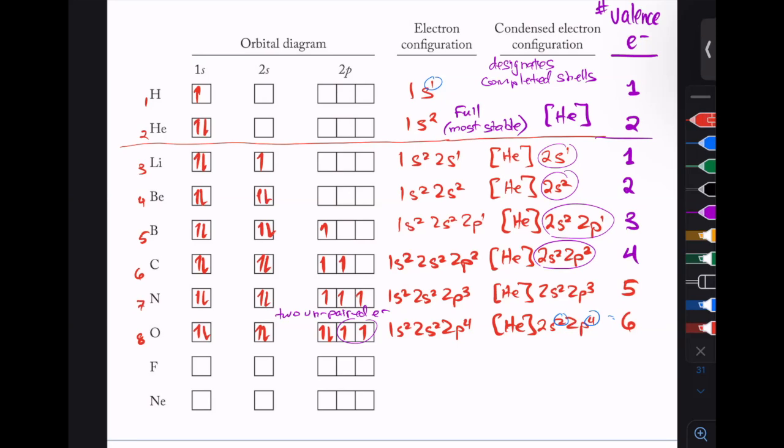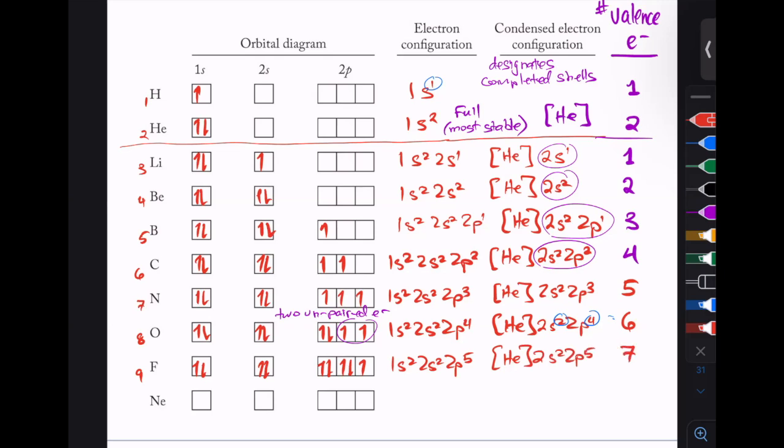Fluorine has 9, 1, 2, 3, 4, 5, 6, 7, 8, 9. We're almost full with fluorine, but not quite. 1s2, 2s2, 2p5. Helium 2s2, 2p5. It has 7 valence electrons.